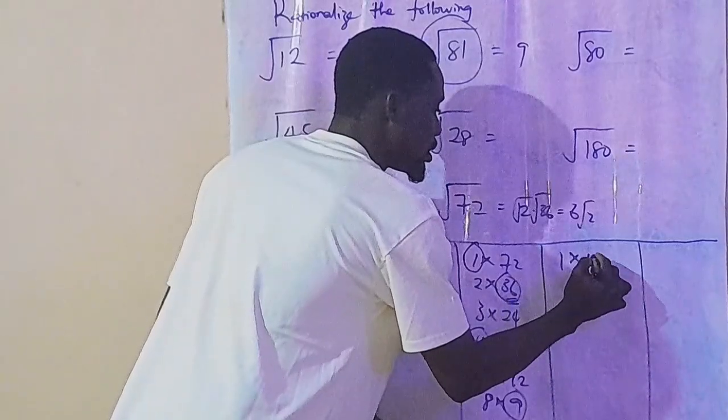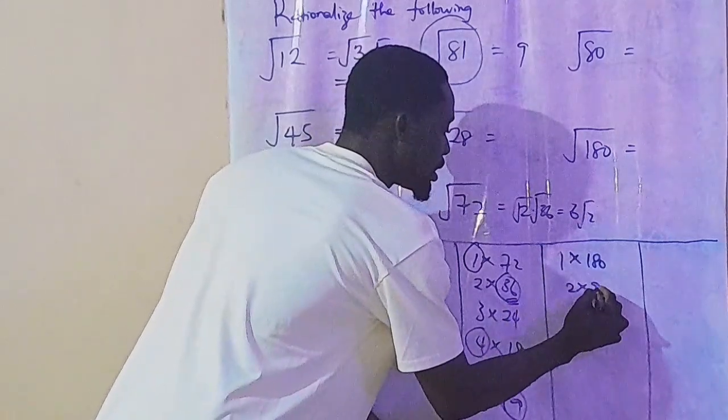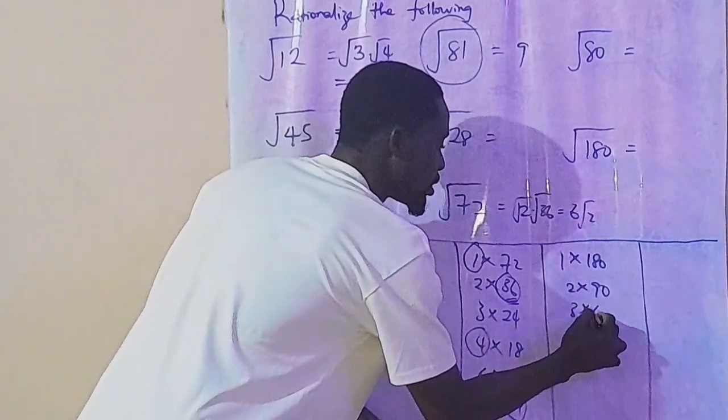I have 1 times 180. I have 2 times 90. I have 3 times 60.